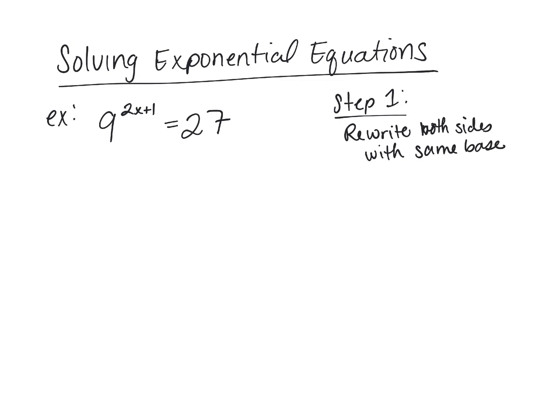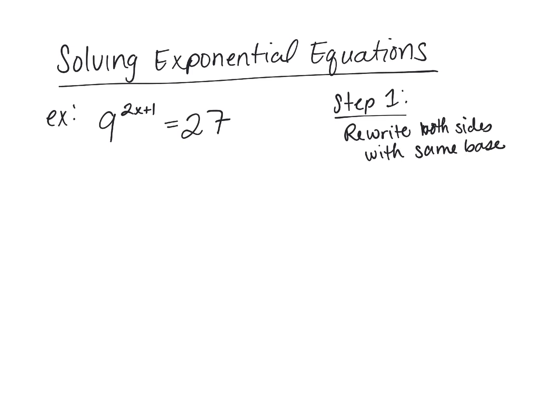Now, we're not going to talk about what to do if we can't do this yet. That's later on in the chapter. It's the last type of problem we solve. So we're dealing with equations where the variable is in the exponent. Before, the exponent had the variable, right? Now the variable is in the exponent.